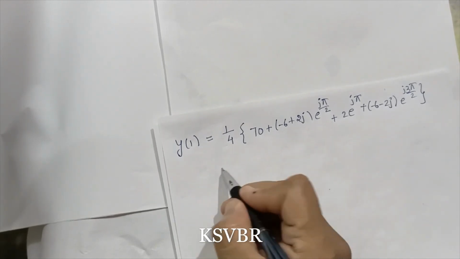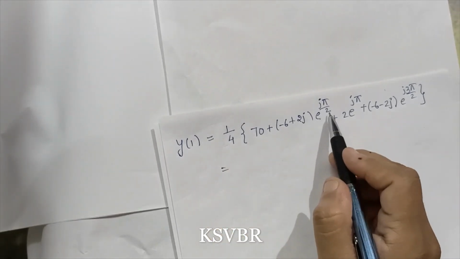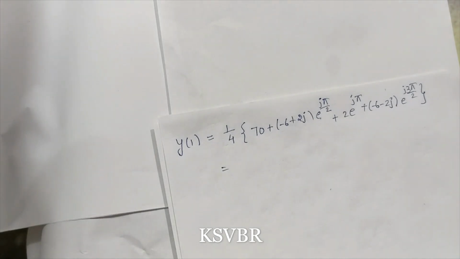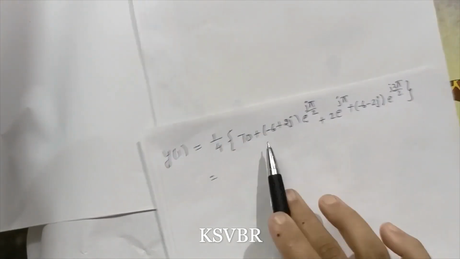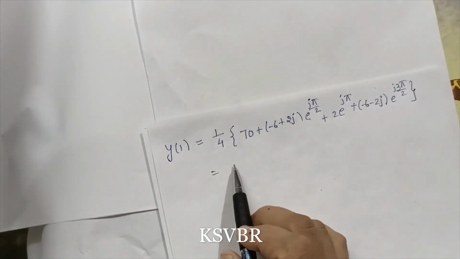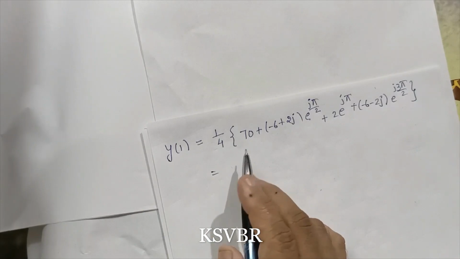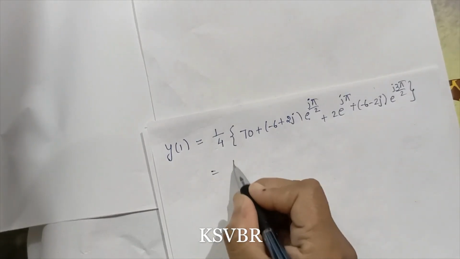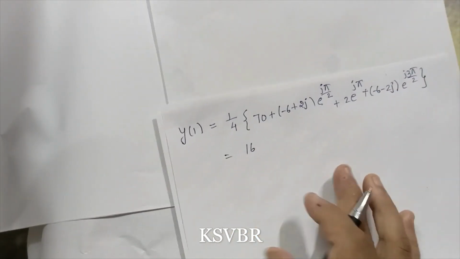Whenever you use the calculator, e^(jπ/2) value is cos(π/2) plus j sin(π/2), like that, and you can directly enter it in the calculator itself. So y(1) value will come as 16. If you solve the entire thing, it will come.